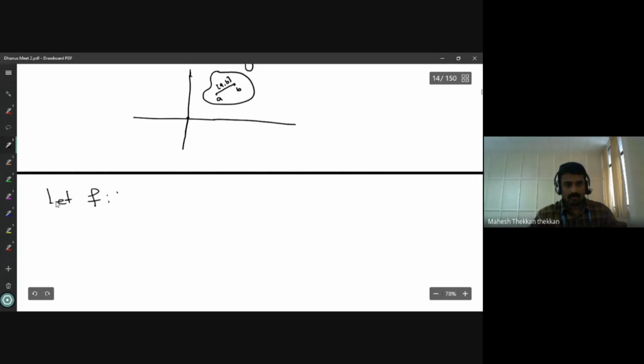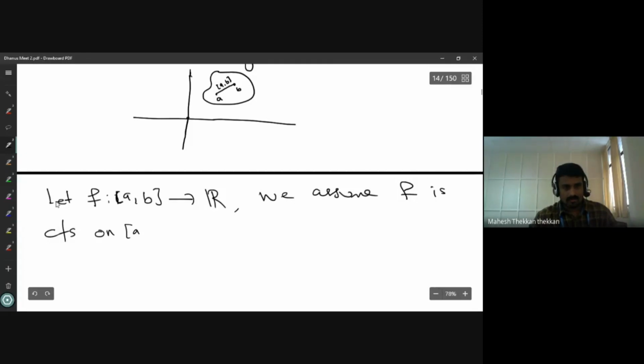f be a function from some closed interval [a, b] to R, and we assume f is continuous on [a, b] and differentiable on the open interval (a, b).